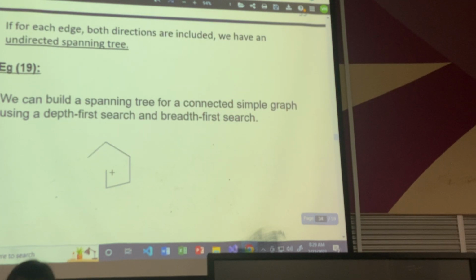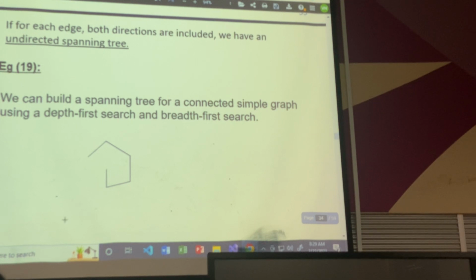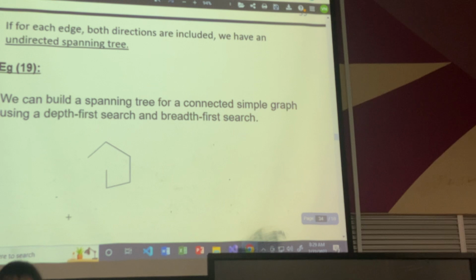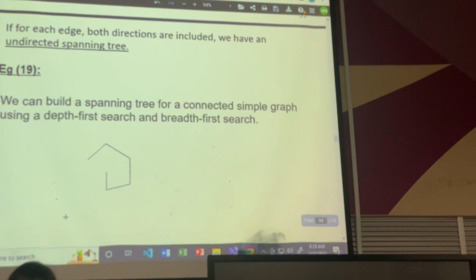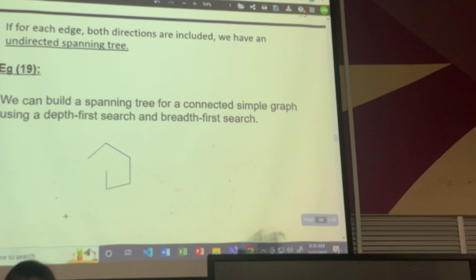Okay. Now, how do we build a spanning tree using an algorithm? Instead of doing it manually, if the graph given to you is a simple graph, then no problem. You can just remove the edges one by one to get the undirected tree.